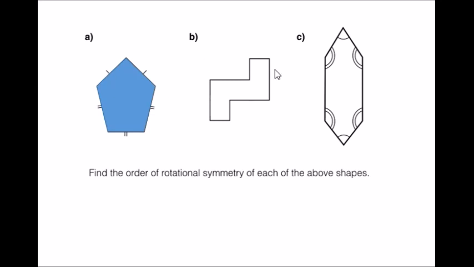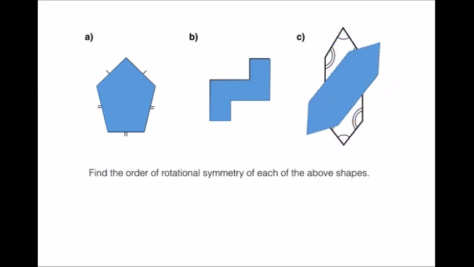The shape here, the interesting octagon, when we rotate this shape, it looks like it's in the same position 2 times, therefore it's order 2 rotational symmetry. And finally, for this irregular hexagon, we have order of rotational symmetry being 2.